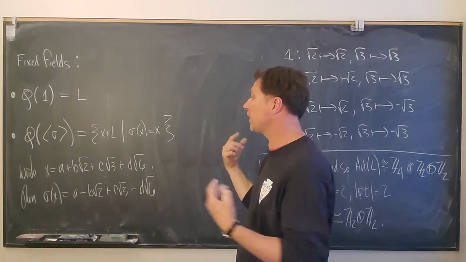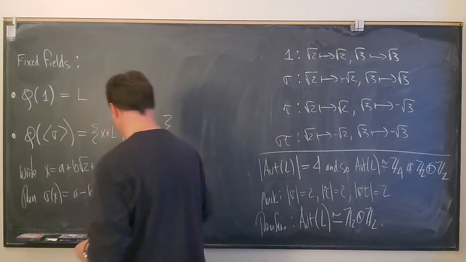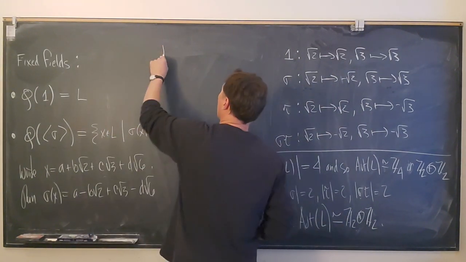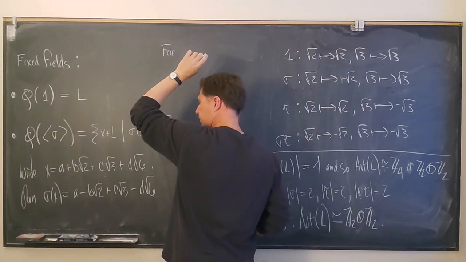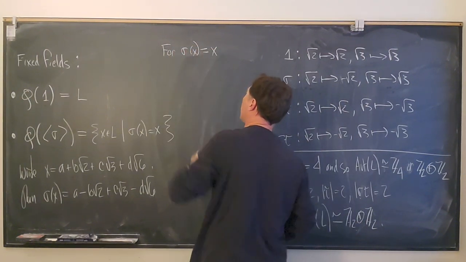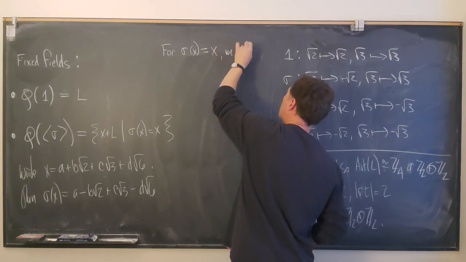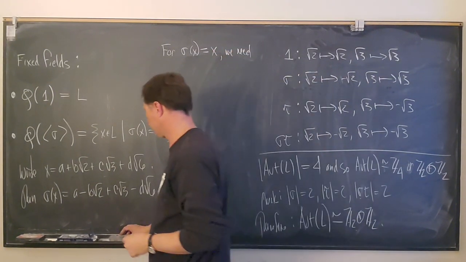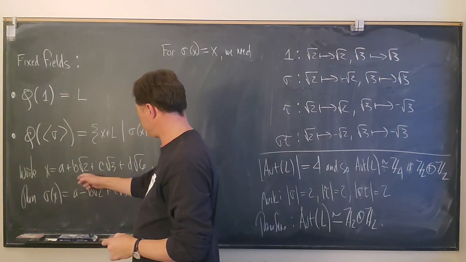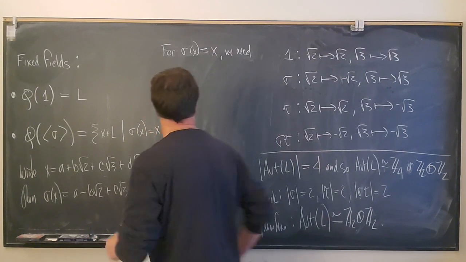All right, if you're going to live in the fixed field, well, what would that tell us? So for sigma of x equal x, we would need b root 2 to equal negative b root 2.